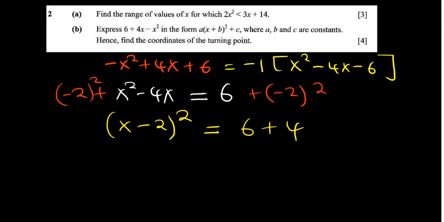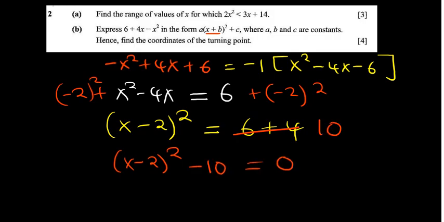The basic idea here is that we always ensure our x squared has a positive coefficient. So we have x minus 2 squared equal to 10, since 6 plus 4 is 10. If it comes back to the other side, it becomes negative 10 equal to 0.